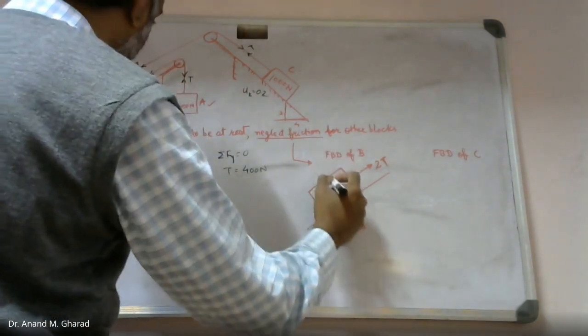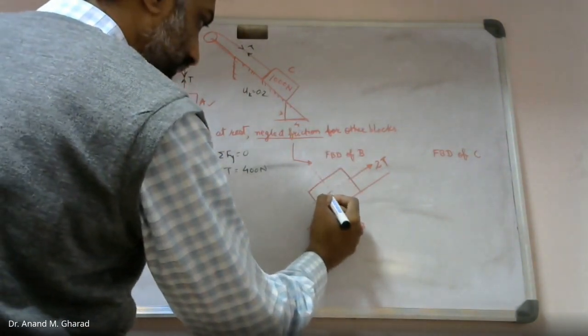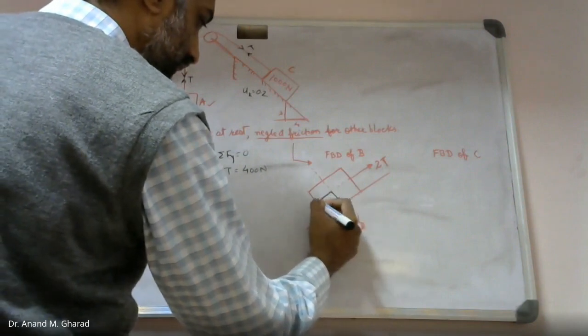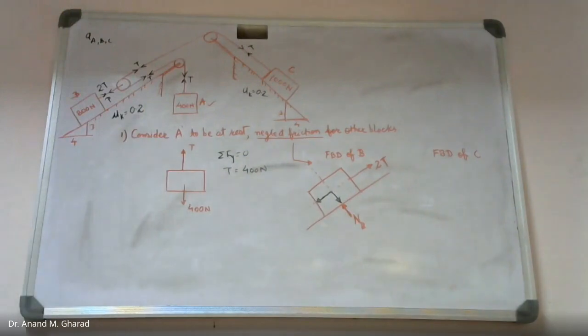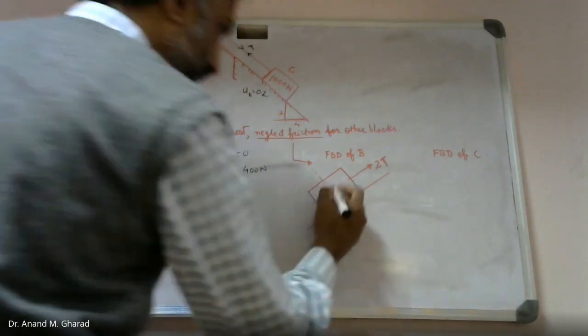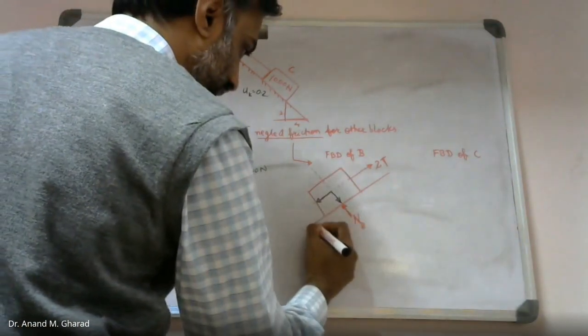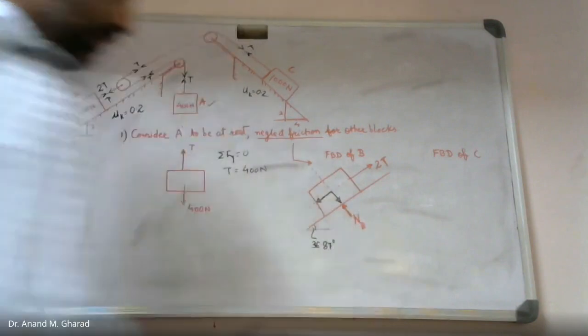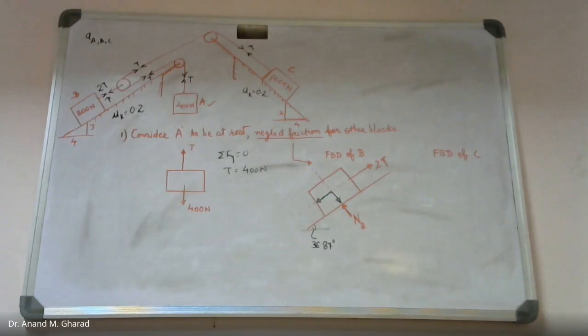The self weight is of 800 Newton. So these will be the components. The angle, whatever you will get, it is 36.87, I suppose. Please verify. 36.87 will be the value for the angle.